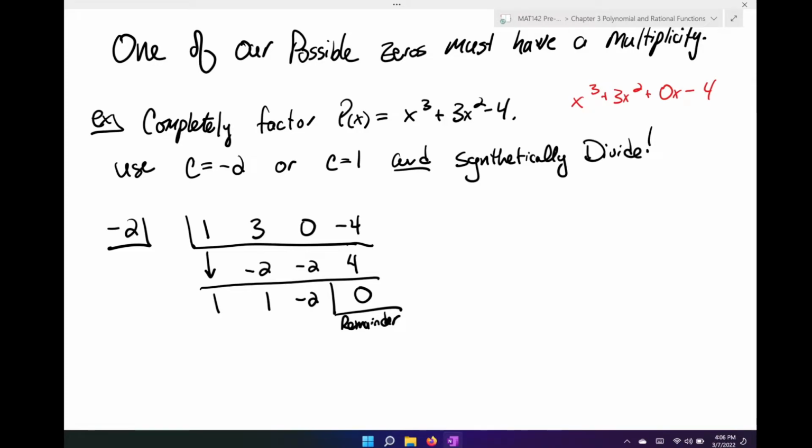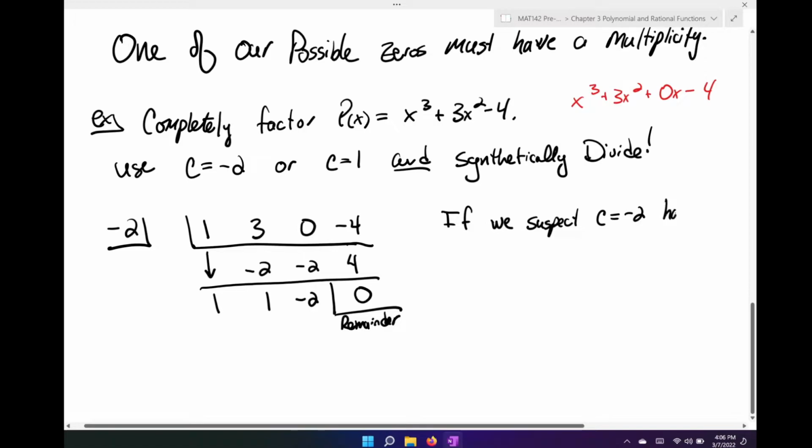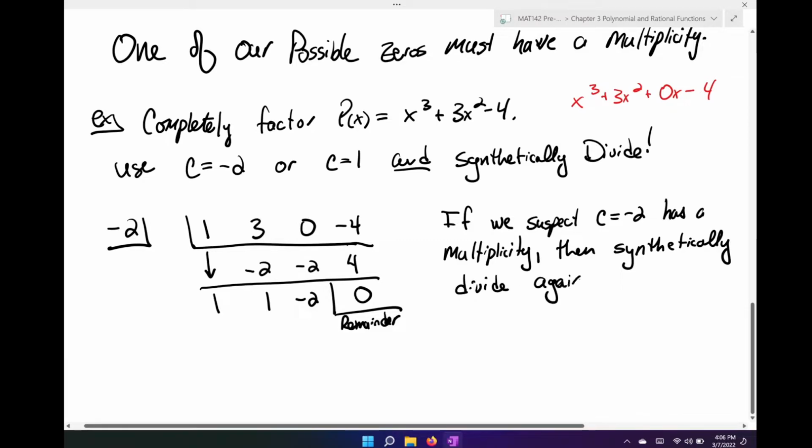But here's the thing. If we suspect c equals negative 2 has a multiplicity, then we synthetically divide again.